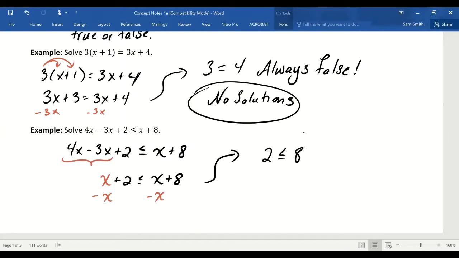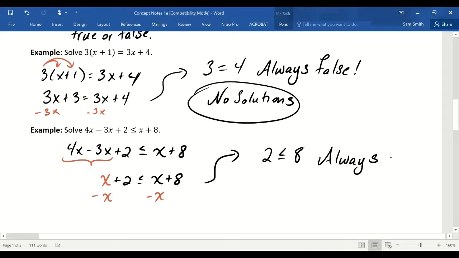Now, unlike 3 equals 4, this statement is true. 0 is less than or equal to 8. And this statement is true no matter what. This statement is true no matter what value of x you choose.